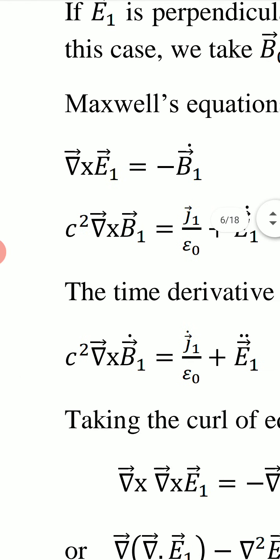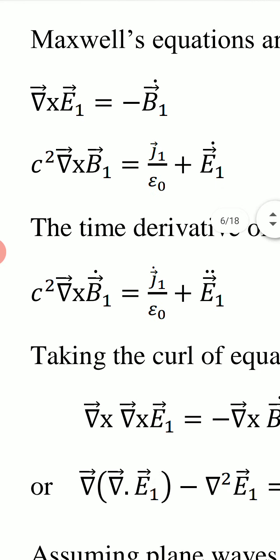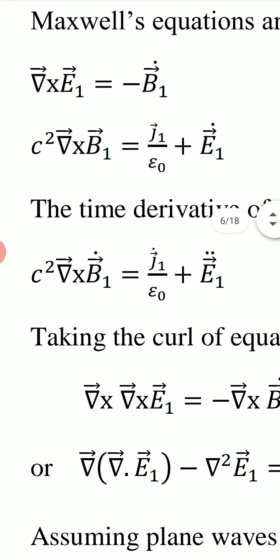Now we have these two Maxwell's equations, Maxwell's third and fourth equations. Del cross E1 equal to minus B1 dot, and c square del cross B1 equal to J1 upon epsilon 0 plus E1 dot.